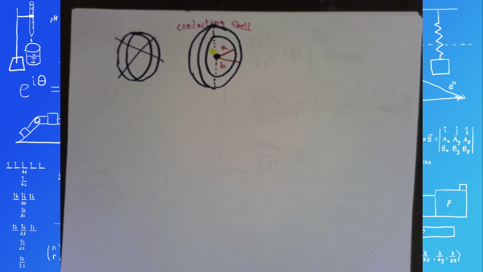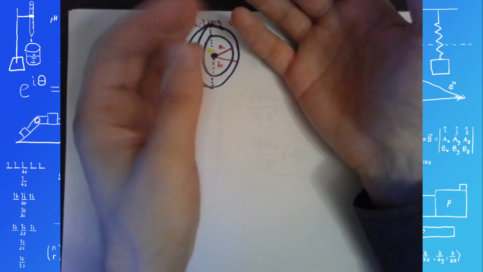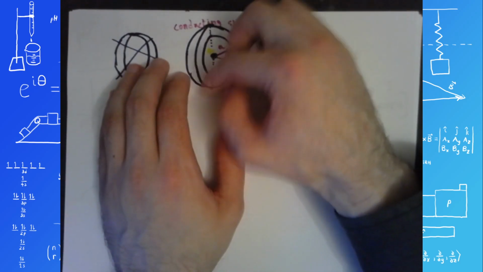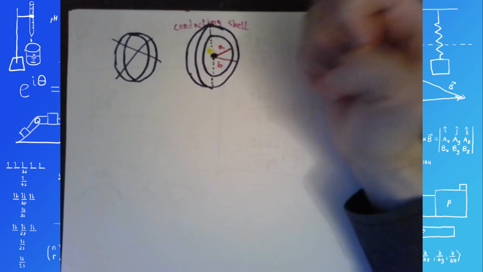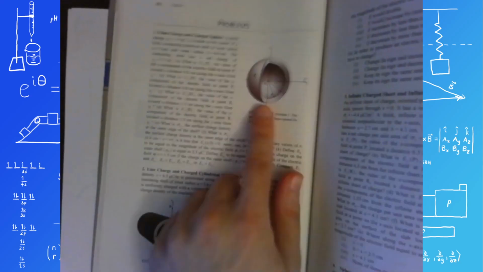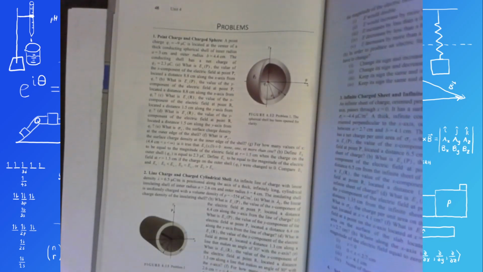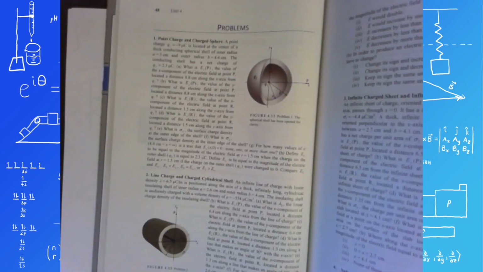Yeah, I guess it'll have to do, as long as you know what it is that we're trying to represent here. So I've got a sphere, and I've basically opened up a piece of it so that we can see what's inside of it. Actually, let me just show you the drawing in the book. That's what I'm trying to draw right there. I don't know why I didn't think to do that from the beginning, but yeah, that's what we're looking at.